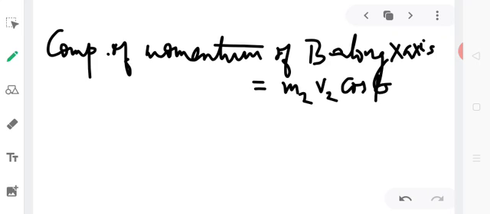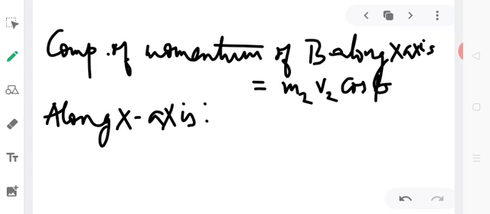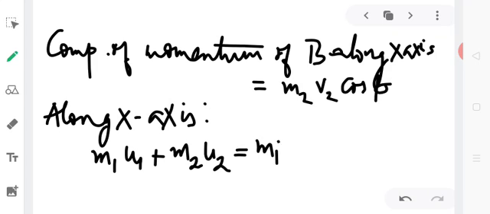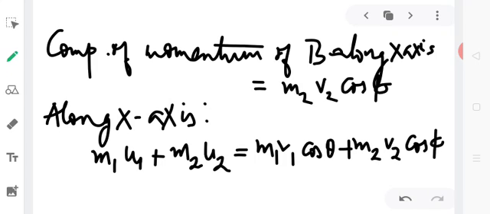Now applying the law of conservation of momentum along the x-axis, we have m1 u1 plus m2 u2 equal to m1 v1 cos theta plus m2 v2 cos phi. Let's mark it as equation number 2.